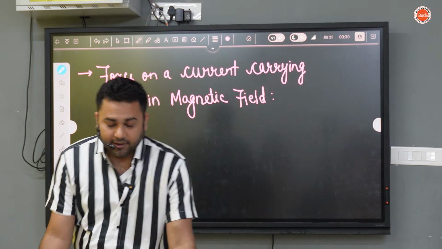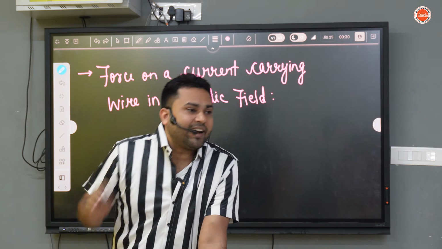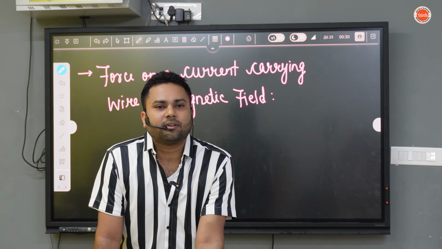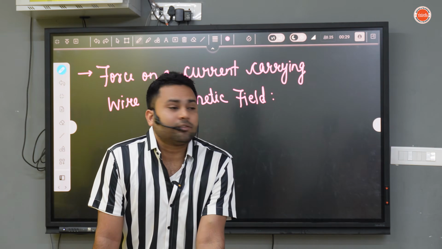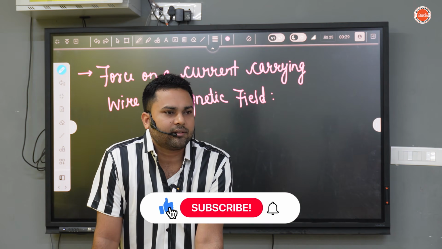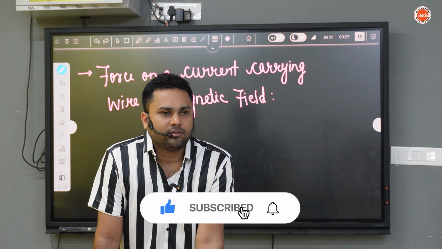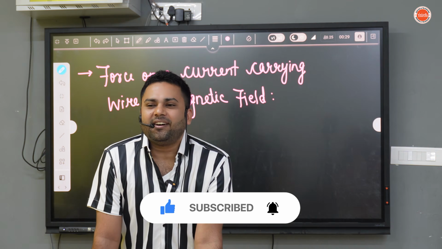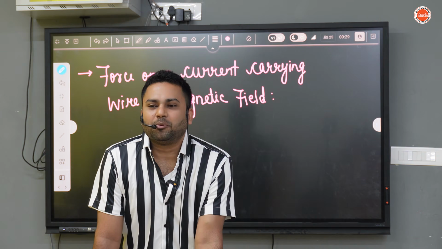Always remember, if a charge is at rest in the magnetic field, what will be the force? Can you tell? If the charge is not moving, the charge is at rest, velocity 0, so the force is 0.